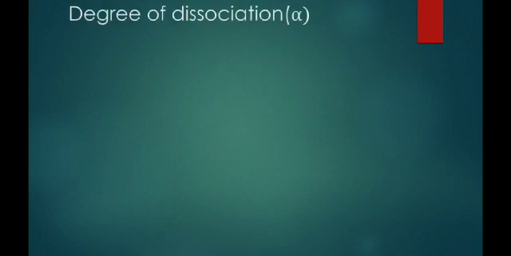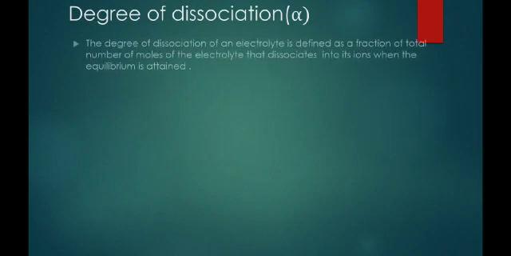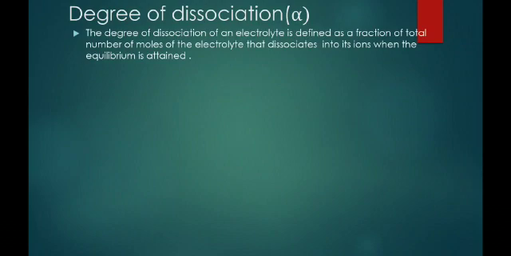Now next we discuss degree of dissociation. It is denoted by alpha. The degree of dissociation of an electrolyte is defined as a fraction of total number of moles of the electrolyte that dissociates into its ions when the equilibrium is attained.